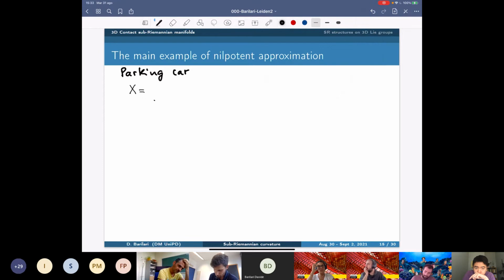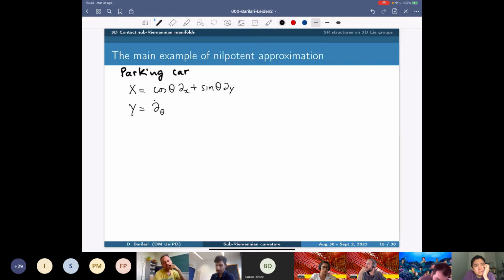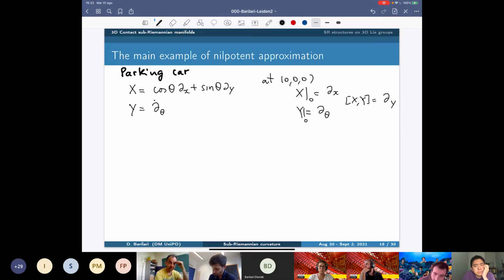So we had the two vector fields yesterday defining our structure, which were this one. Okay, and then at zero, we have that x at 0 is the x, y at 0 is the theta, and their bracket is the y.